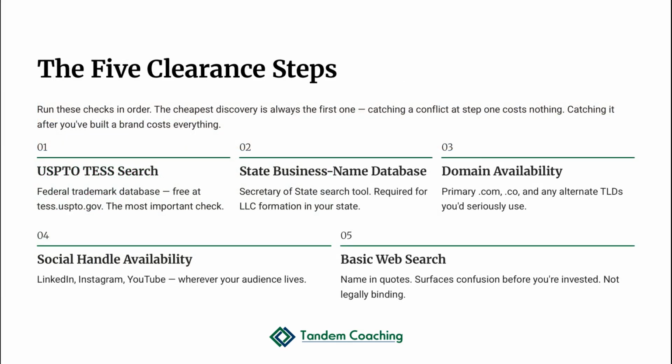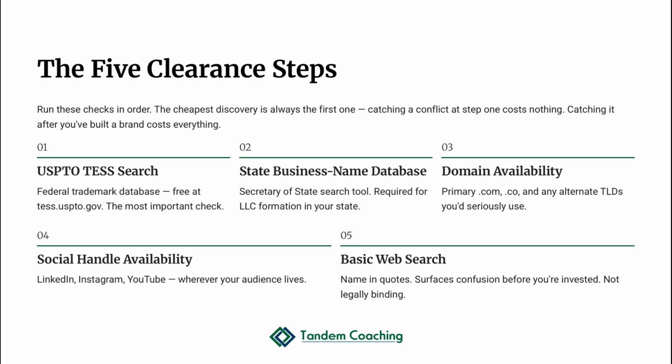The order of the 5 steps is deliberate, and running them in order rather than parallel saves you wasted effort. USPTO trademark search goes first because it's federal and the conflict reach is broadest. State business name database second because state-level registration controls whether you can even form the LLC with that name in your state. Domain availability third.